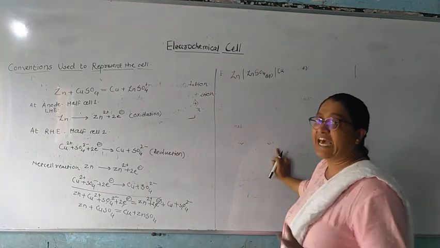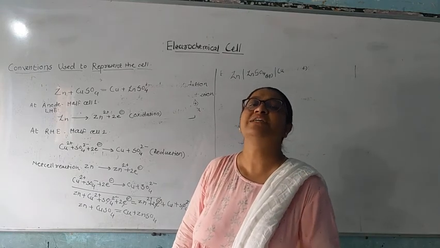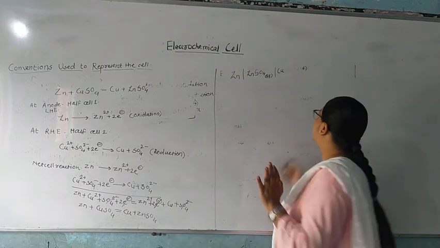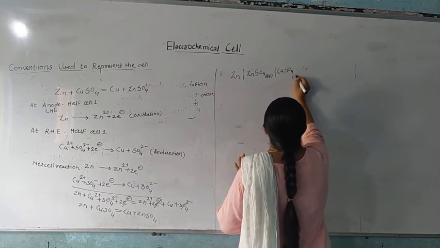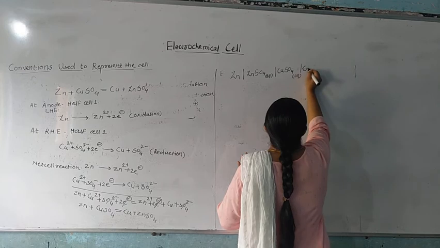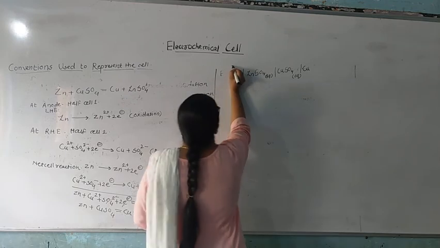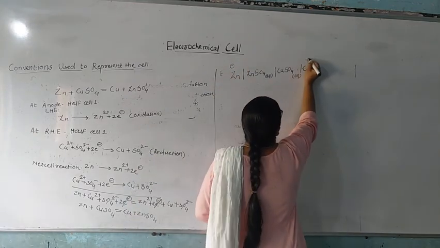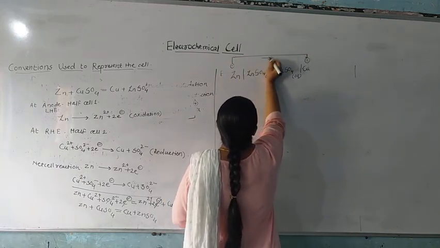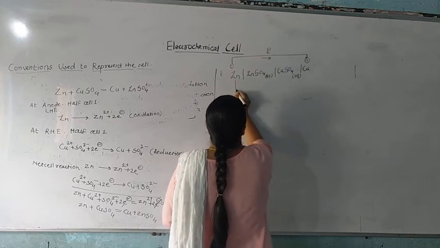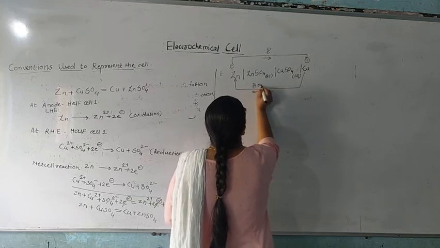Now how to represent RHE? While representing the RHE, first write down the aqueous form of your metal ion. That means either you can write this as copper sulfate or only copper 2 plus. This is in an aqueous form which is in contact with the copper. So this is how the cell is represented. Here the sign is negative because this is your anode, this is your cathode, this is the direction of flow of the electrons, and this is the direction of flow of current.